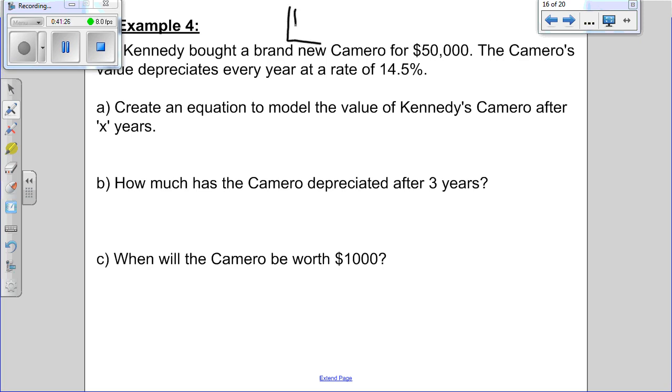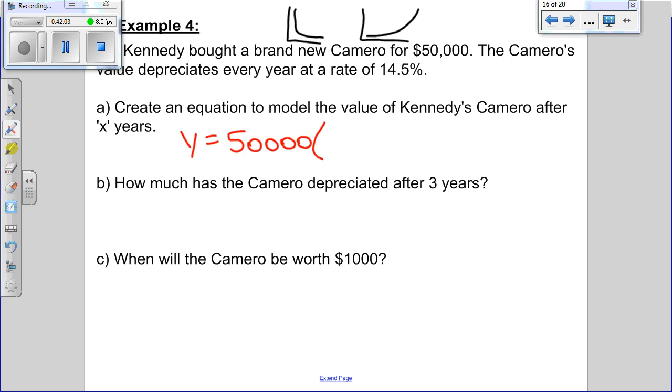Create an equation to model the value of Kenny's Camaro after X years. So I have Y equals A times B to the power of X. A is your initial value, so this is 50 grand to start off. B is the rate at which you're changing. Before, I was going 1 plus my interest rate, but now I'm losing 14.5%, so I'm going to go 1 minus that interest rate.